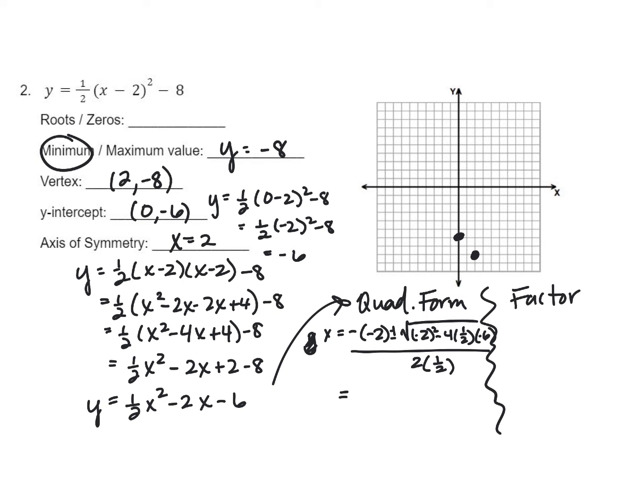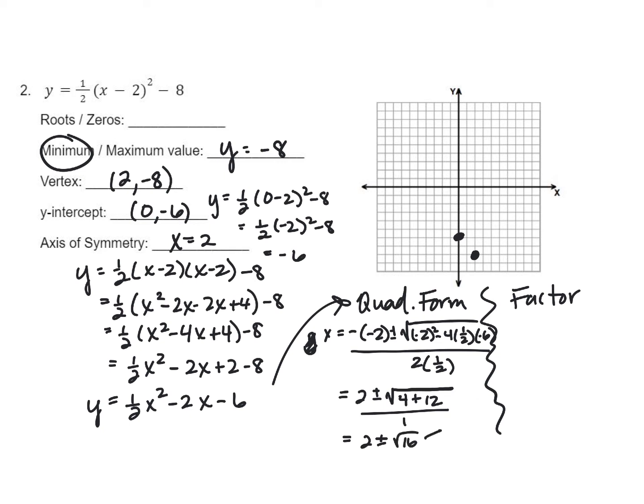So simplifying here, we get 2 plus or minus the square root of 4 plus 12, all over 1. So 2 plus or minus the square root of 16 all over 1, which I'm not going to write.